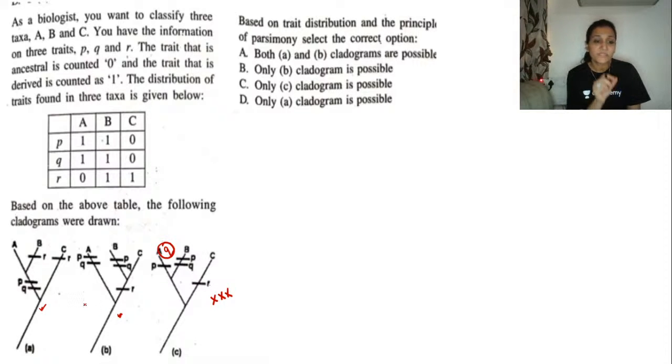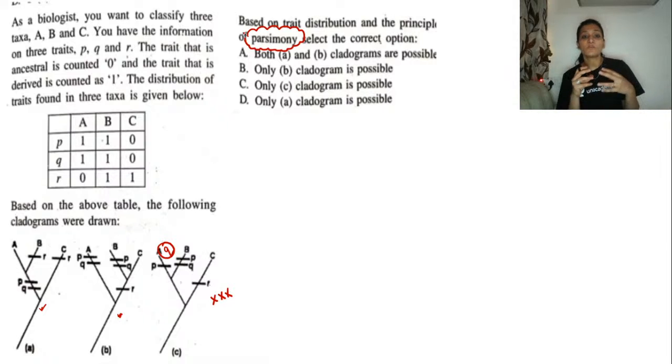Now the option is either A or B, so you have to choose from A or B. What the rule says is that you have to select an option which is the closest. This is called the parsimony principle, the one which is the most closest. So here also, based on the trait distribution and the principle of parsimony, select the correct option.